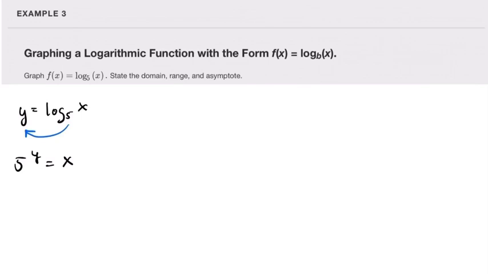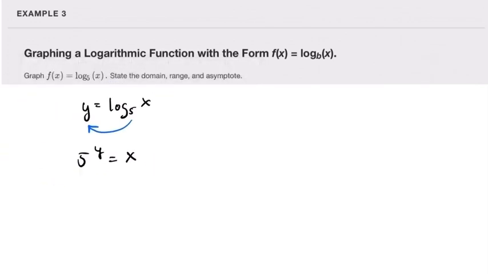Let me move this over a little bit. So we can still do our x versus our f of x, right? But instead of choosing values of x, I'm going to choose values of y, right?